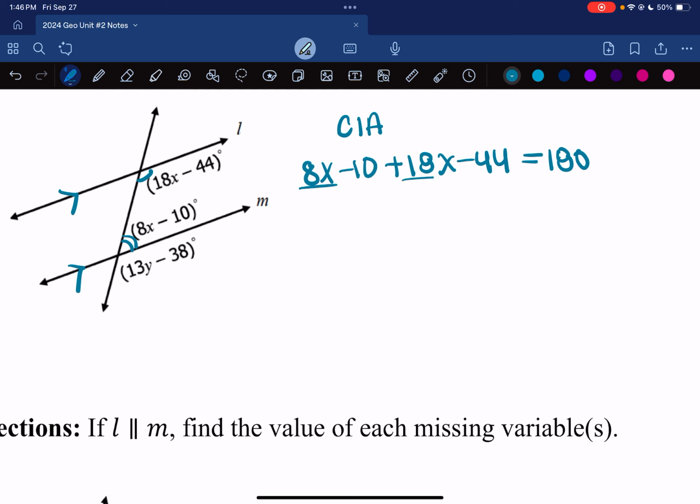If we combine like terms, we get 18 plus 8, which is 26x, and negative 10 minus 44 is negative 54, equal to 180.